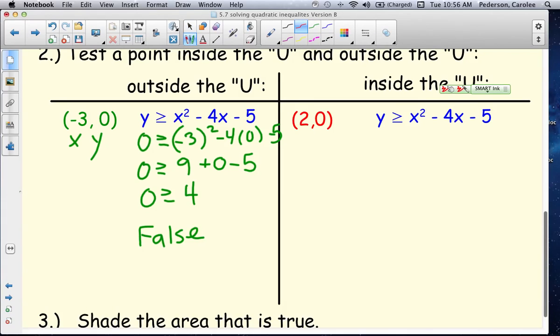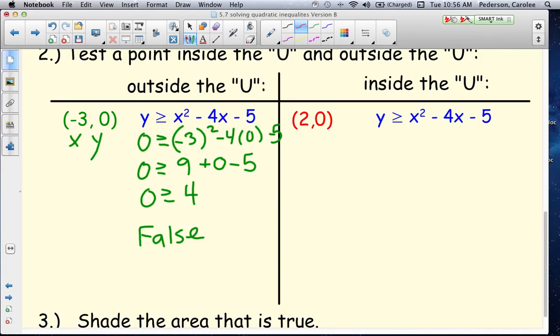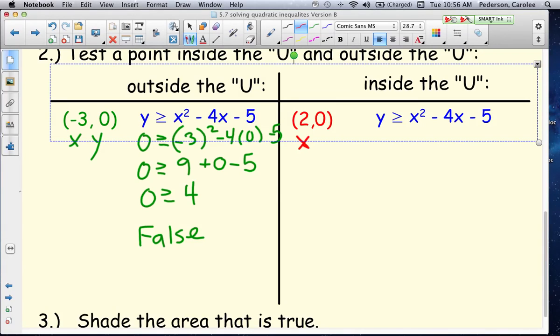Now this other one then should be true, the ordered pair 2, 0. So we substitute 2 and 0 into the inequality.